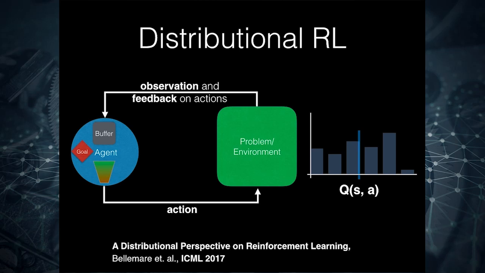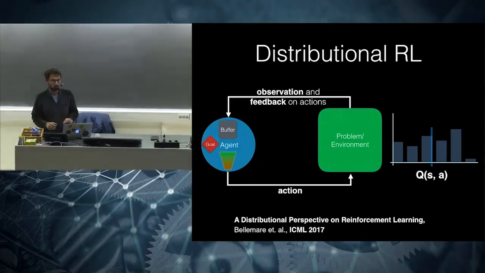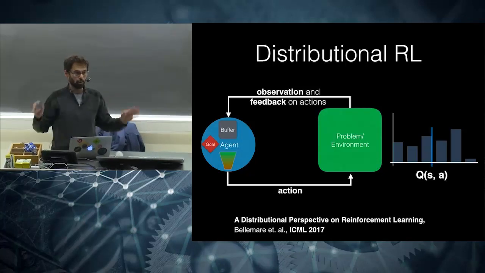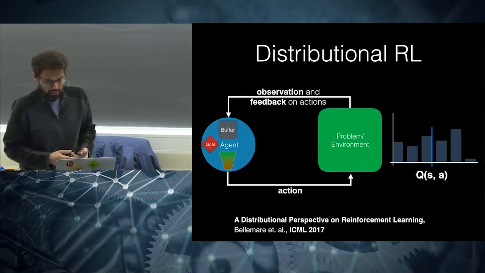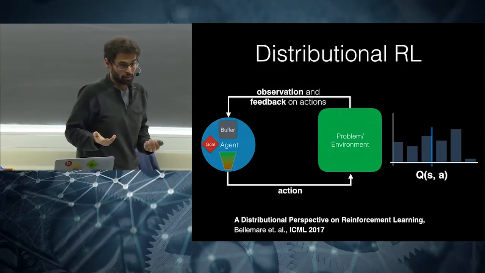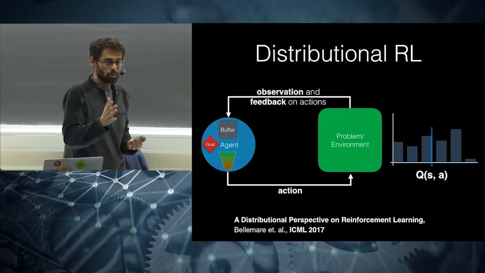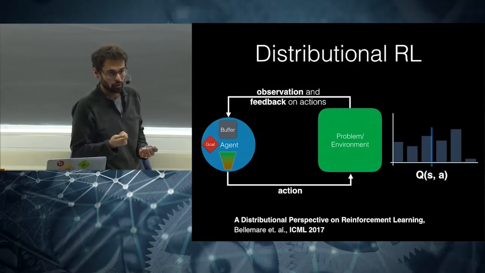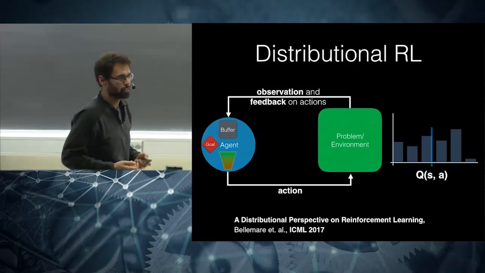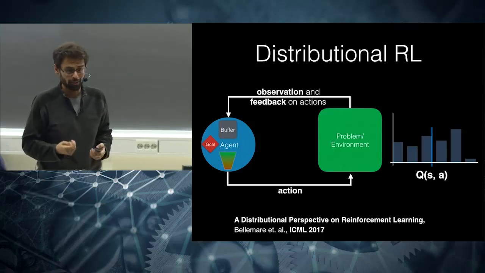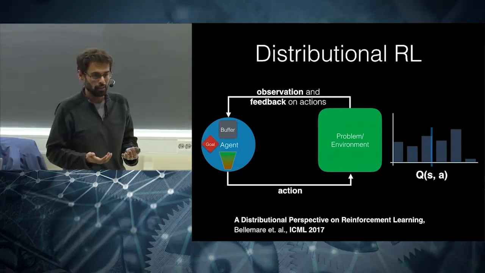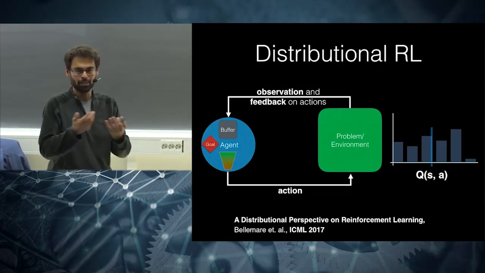So far, most of the methods that you see within deep RL, within RL in general, that are commonly applied, are value-based methods or policy-based methods which use the value function. And what's the value function? It's the function that tells you the expected value of a state or of an action.